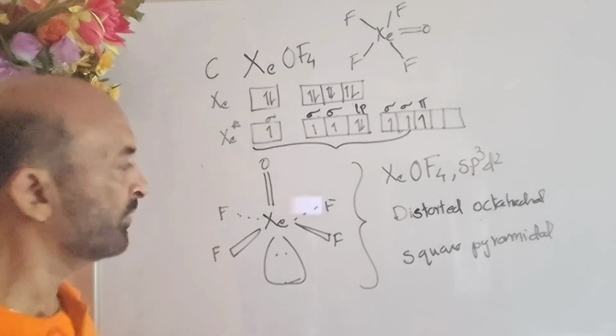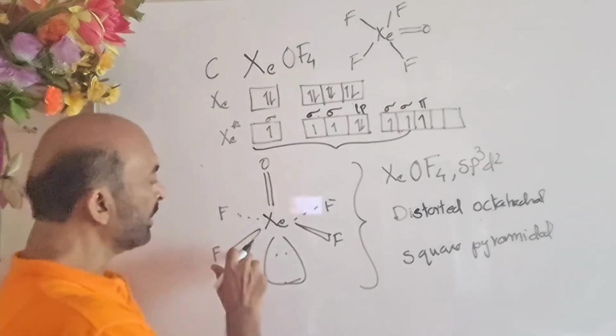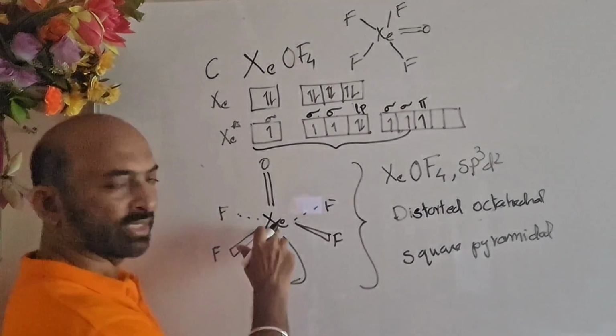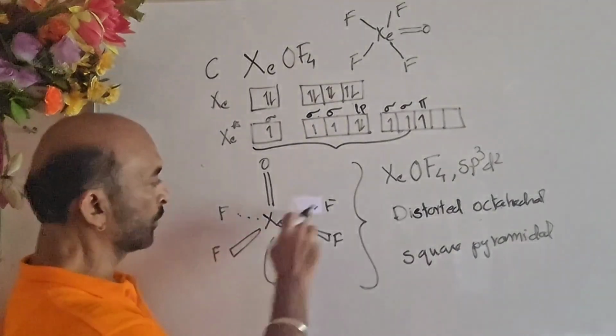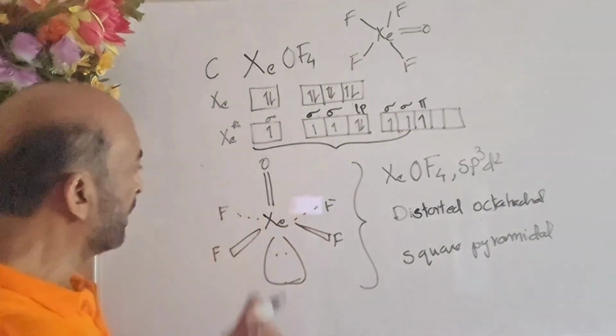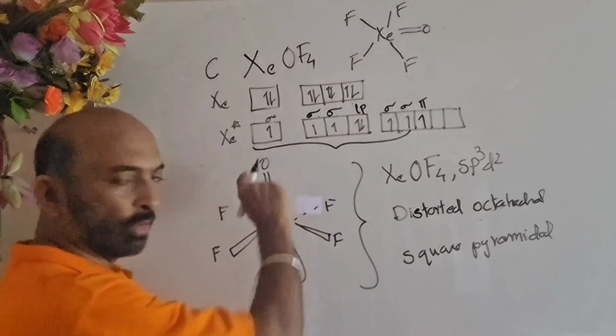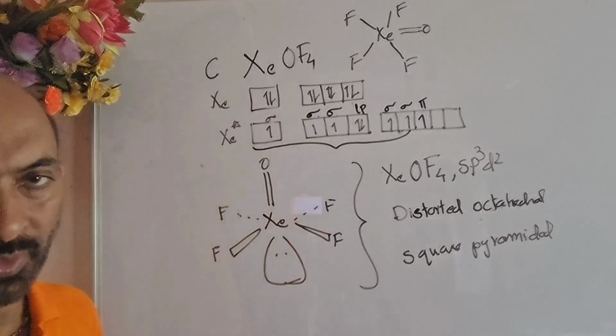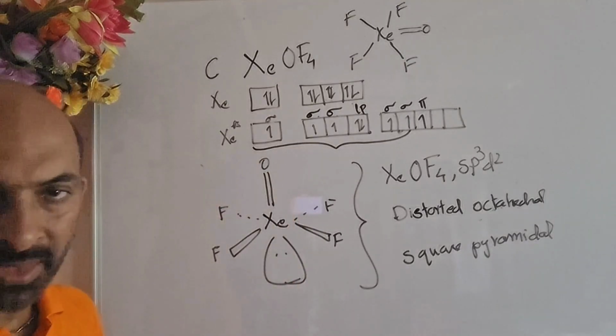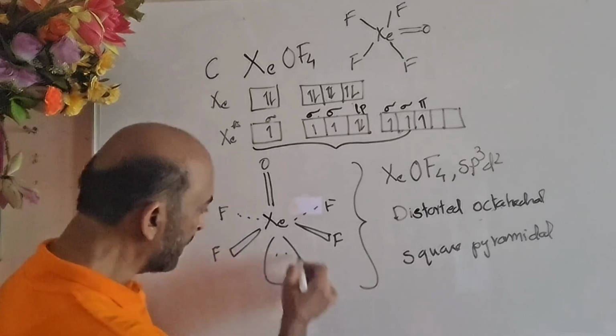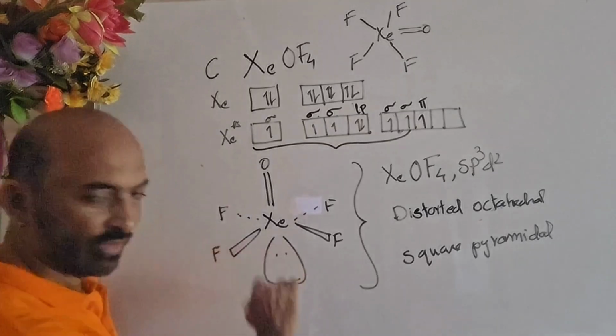Still, for convenience, we may say 4 equatorial bonds are formed by xenon with the fluorine, and 1 axial bonding is a double bond with 1 oxygen atom. And 1 lone pair is remaining, which will be in the other axial position shown downward here.